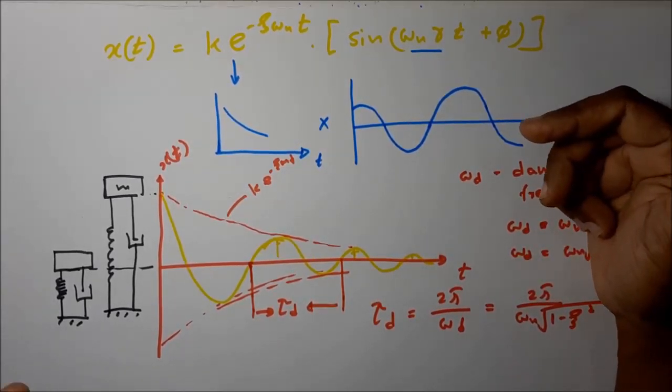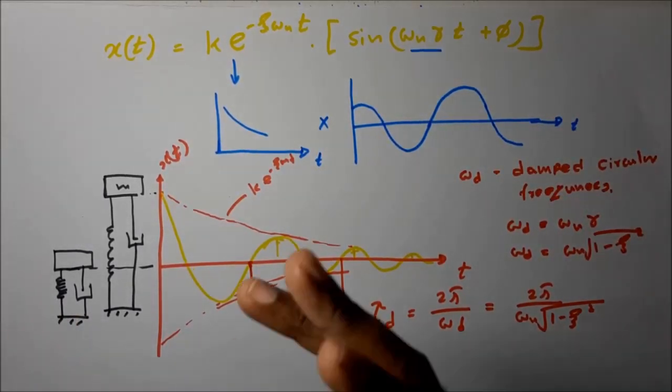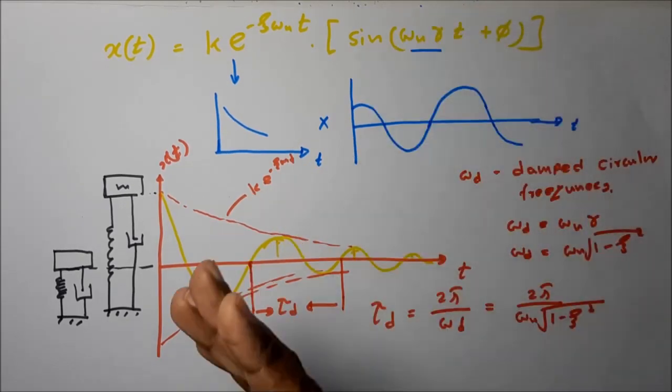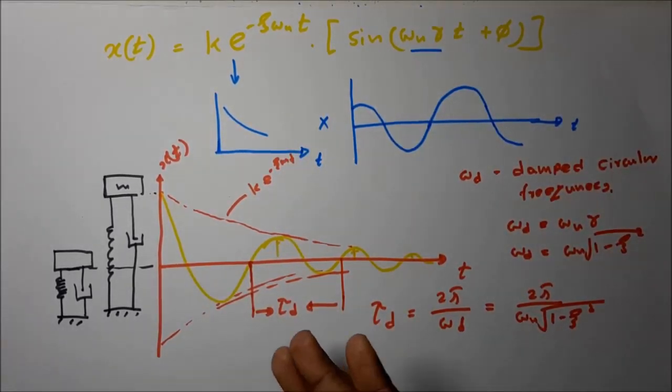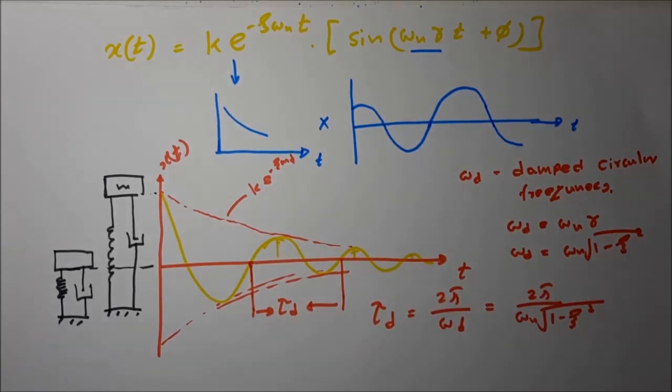These are the three different situations depending on the ζ value. If ζ is less than 1, the system vibrates forming this kind of curve, called the under damped situation. If ζ is equal to 1, it is the critical damping situation, where the system comes to 0 in the minimum time.